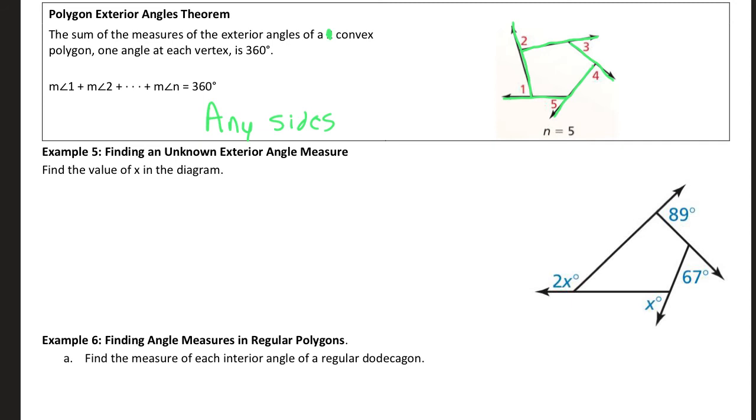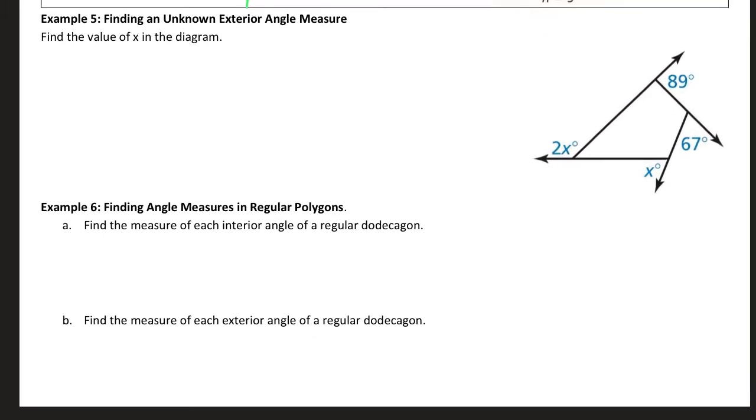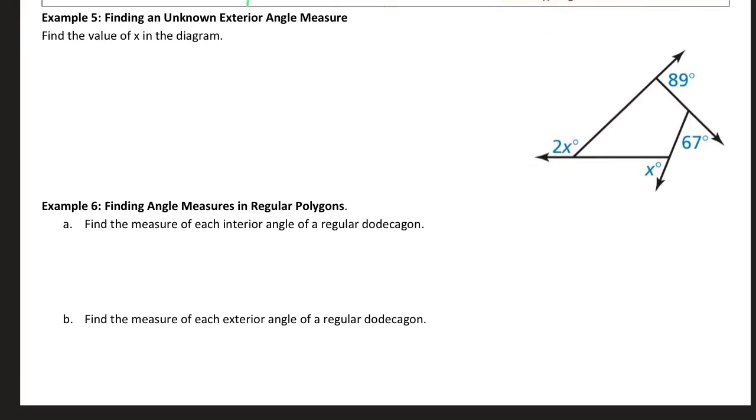So, in example 5, same as before, it's knowing this is the sum, regardless of the number of sides, is 360. So 2x plus x plus 89 plus 67 is 360. So that sum for exterior angles is always 360.